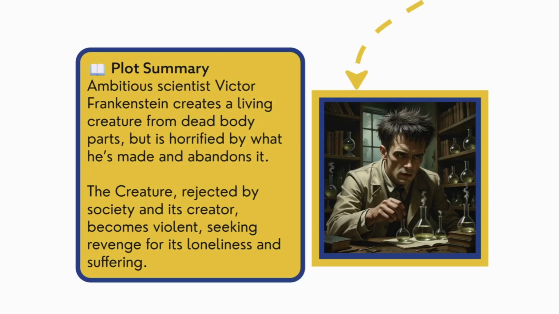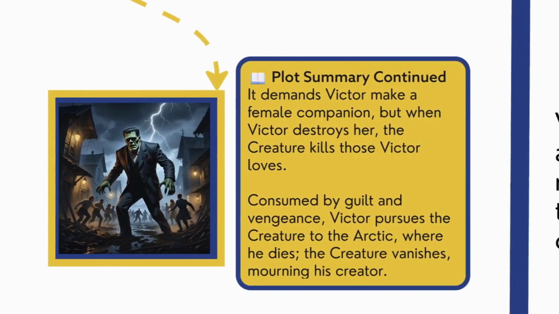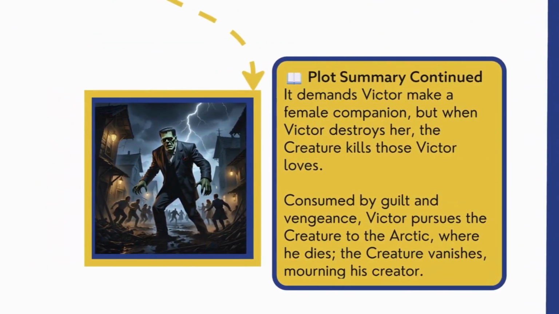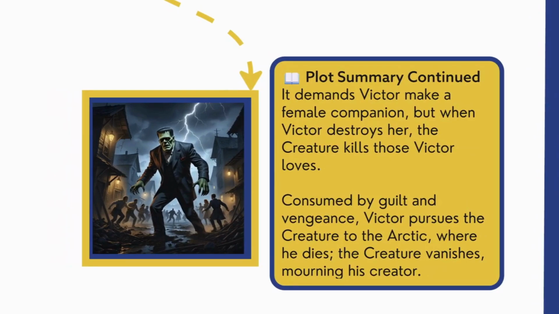Then, as the novel continues, the monster demands that Victor Frankenstein makes a female companion for them because they're very lonely. But when Victor destroys her because he's horrified by the idea of populating the world with these monsters, the creature starts killing those that Victor loves in a fury of revenge.